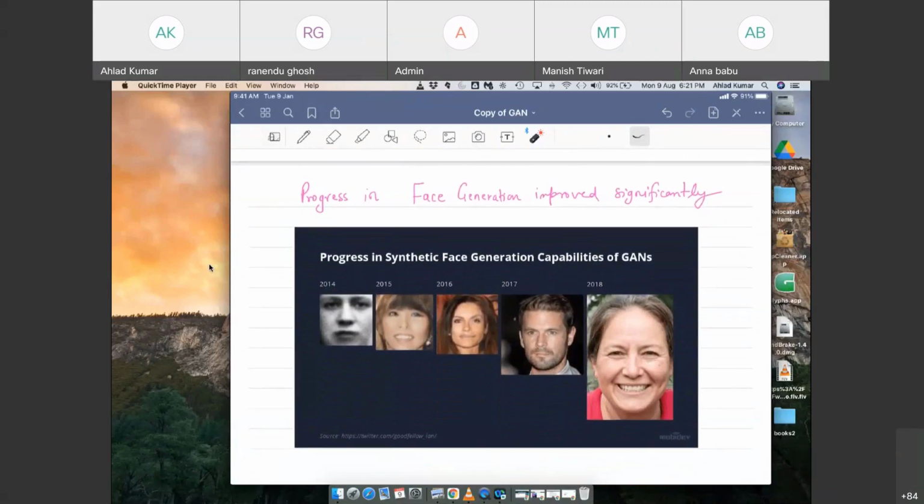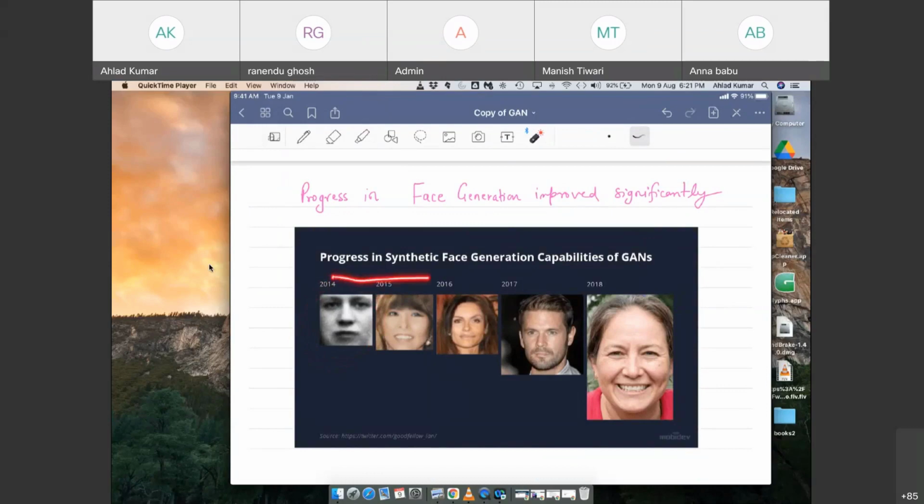This is showing the improvement in the literature that has progressed from 2014 to 2018. This slide is old. In the latest literature, you will find crisper and bigger pictures. Here, in 2014, when this particular paper was proposed, the quality of the image was not that good.